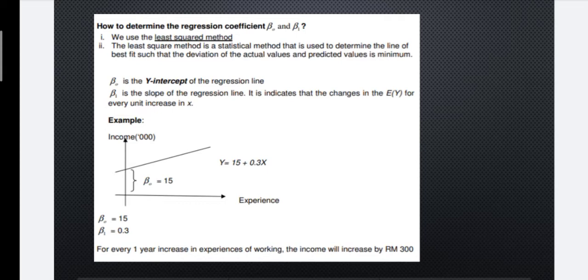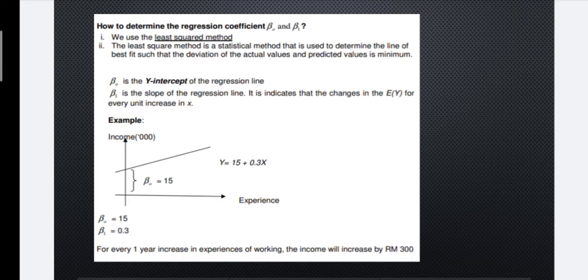So here beta 1, the interpretation of beta 1 is kat bawah ni. For every 1 year increase in experience of working, which is your x, in every 1 unit increase in x, the y will also increase by berapa value of beta 1. Kat sini value beta 1 is 0.3. Kenapa kat sini RM300?